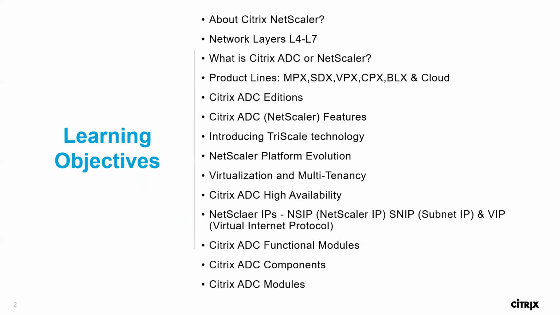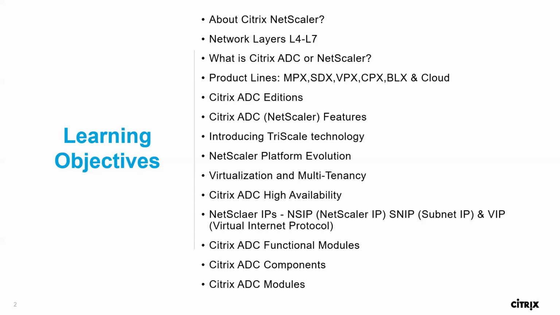So we will discuss what Citrix Netscaler is. How many layers are there? What is Citrix ADC and Netscaler? Product lines, how many products are there? How many editions? Citrix ADC Netscaler features. What is TriScale technology in Netscaler? Platform evolutions. What is multi-tenancy?